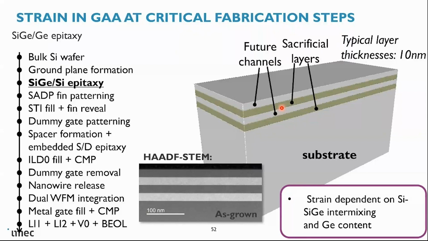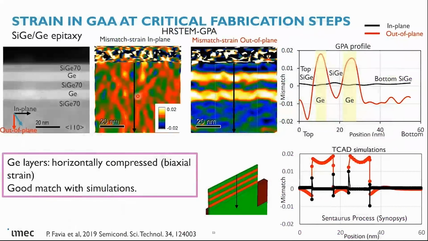So we measure strain in the starting epitaxial deposition, and here I show you the mismatch in-plane map along the channel.